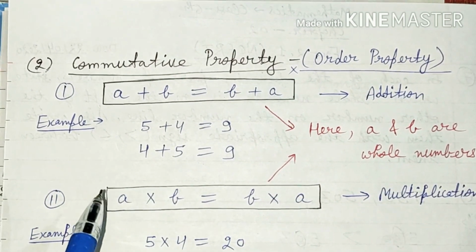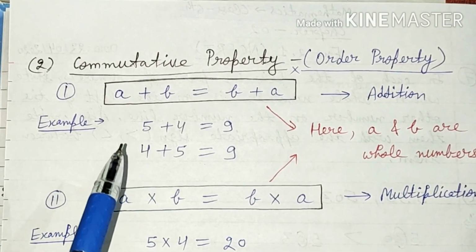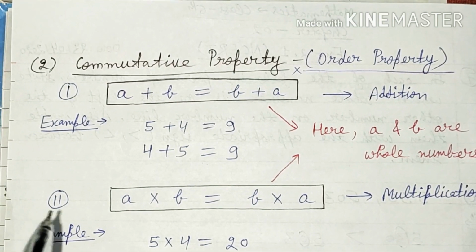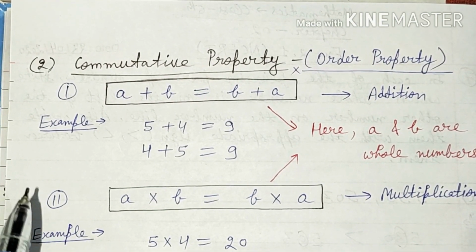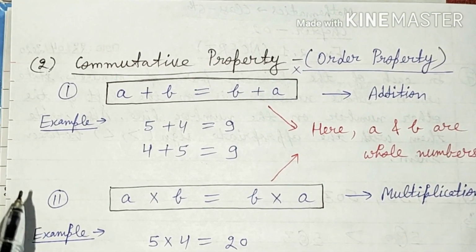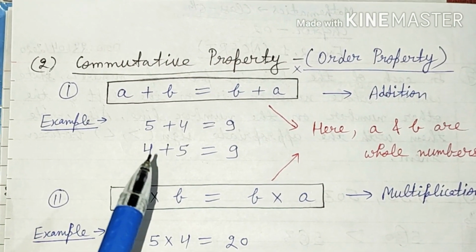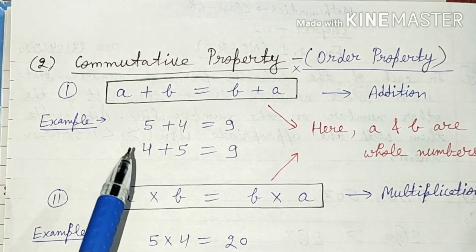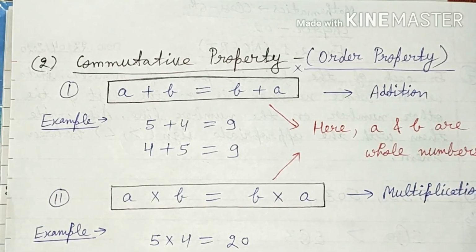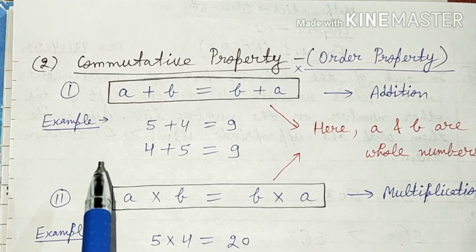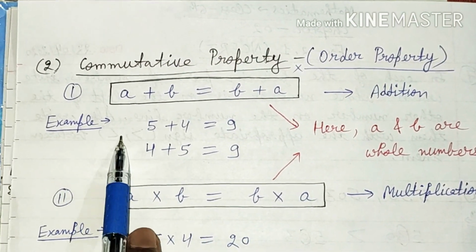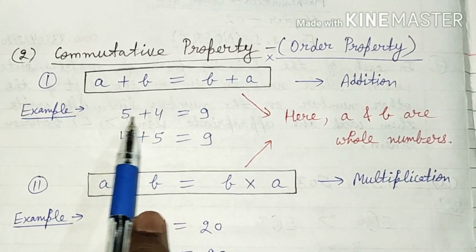So this commutative property of addition says the sum of any whole numbers remains the same whatever be the order of the numbers. Let's understand this with the help of an example.